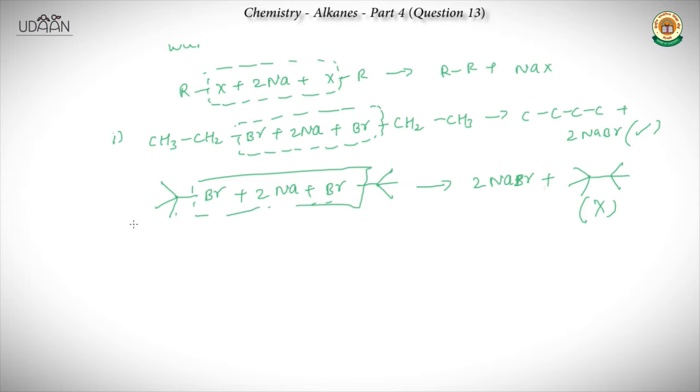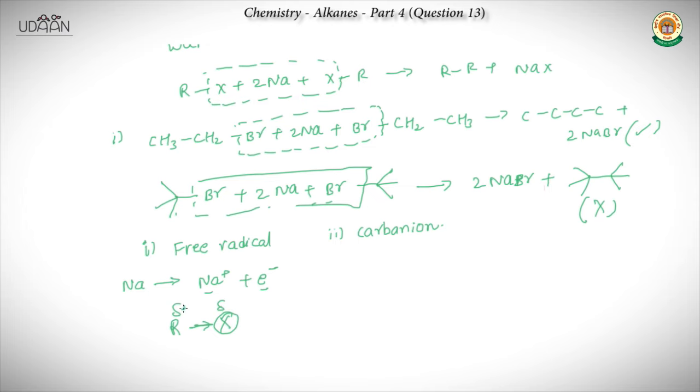Now for Wurtz reaction, two mechanisms were proposed. One is the free radical mechanism and the other is the carbanion mechanism. So first we have sodium in the mixture. Since it's a metal, it loses its electrons to give Na plus and electrons. Now alkyl halide has a more electronegative atom, so you will get R plus X minus.